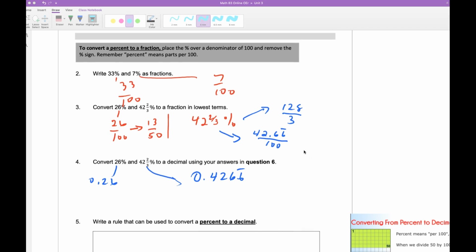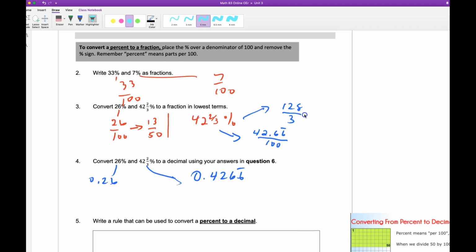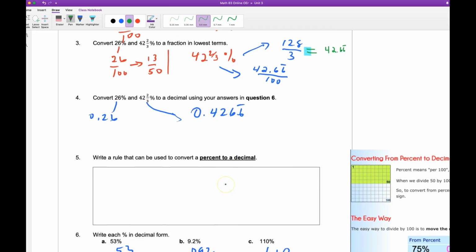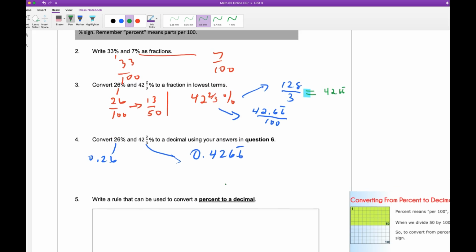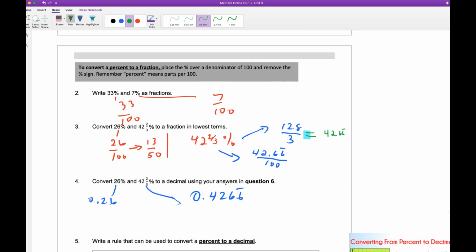What we're looking at here is if you convert that into a number, this one here turns into 42.666, and then divided by 100 gives you 0.42. So that's how you convert a percent to a decimal and to fractions here.